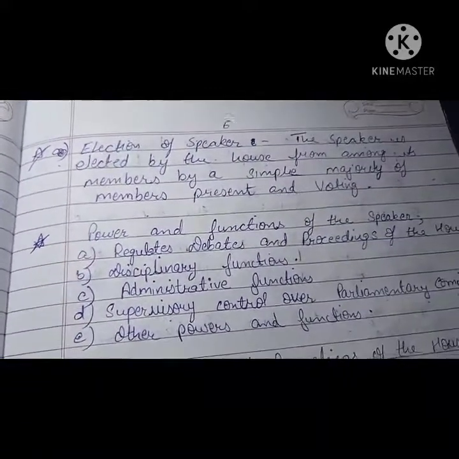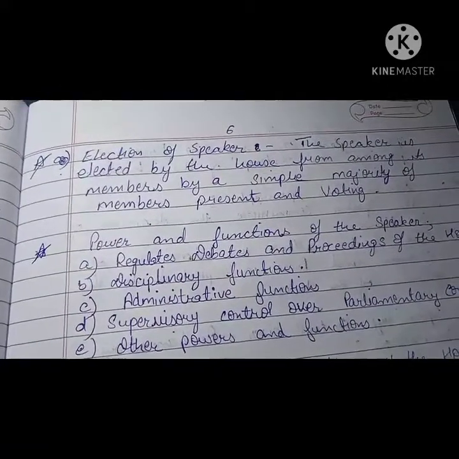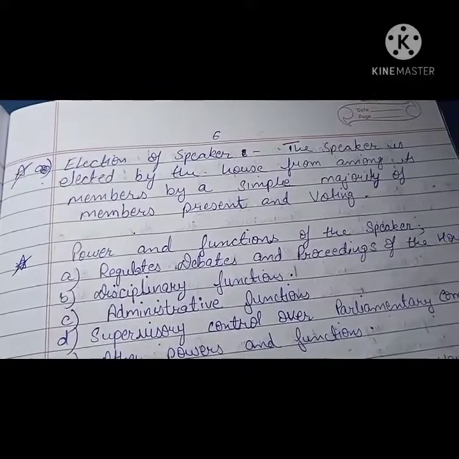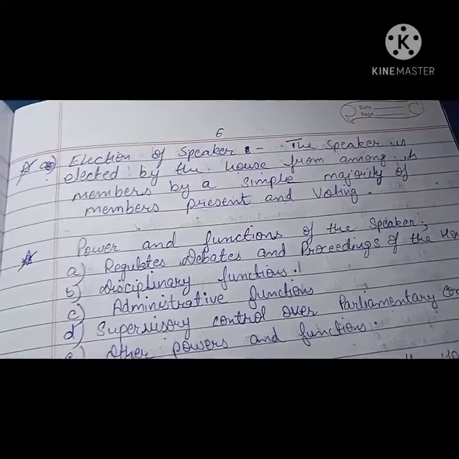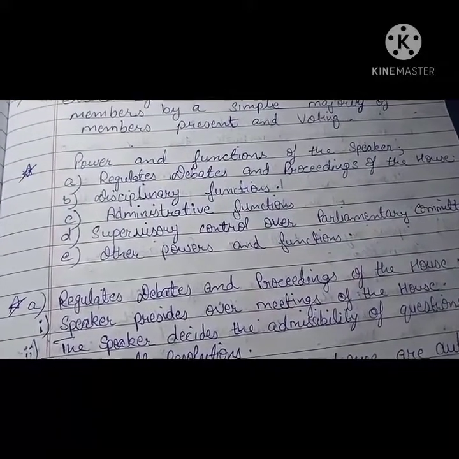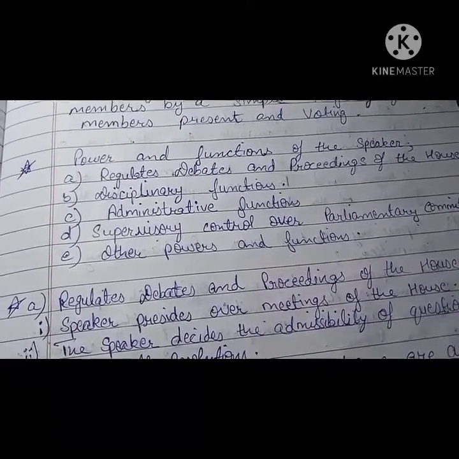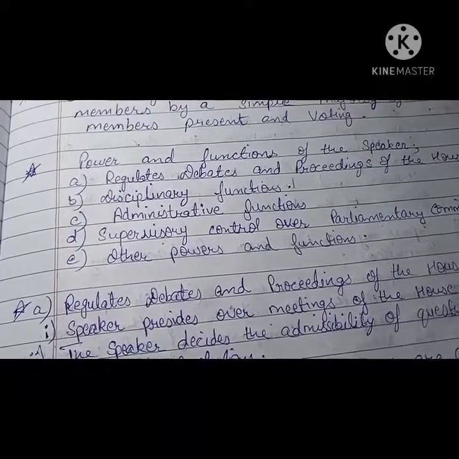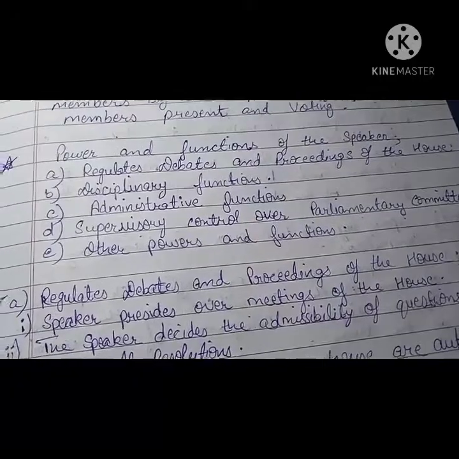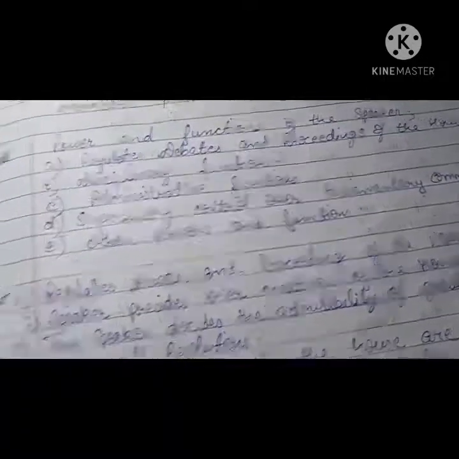Election of the Speaker: the Speaker is elected by the House from among its members by a simple majority of members present and voting. Power and function of the Speaker: regulate debates and proceedings of the House, disciplinary functions, administrative functions, supervisory control over parliamentary committees, other powers and functions.